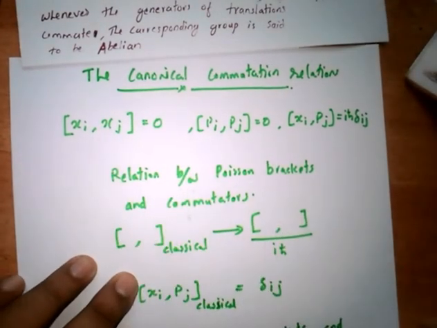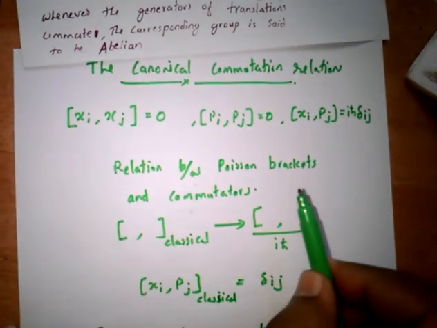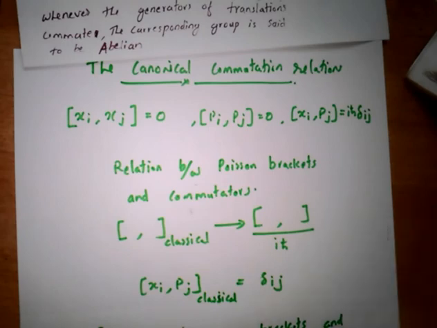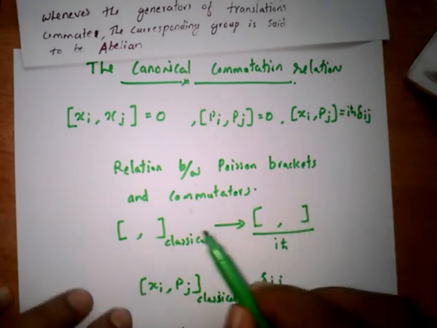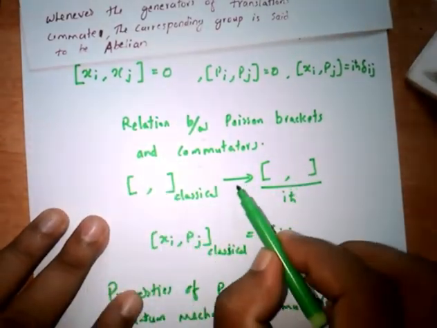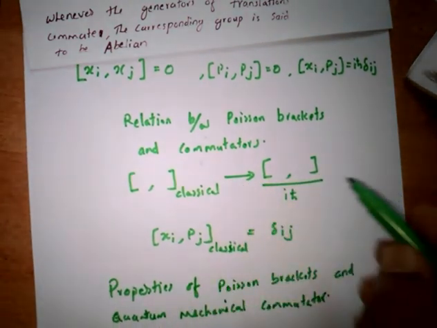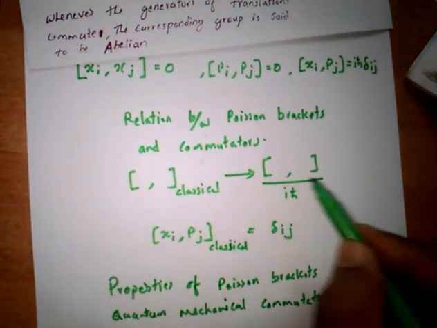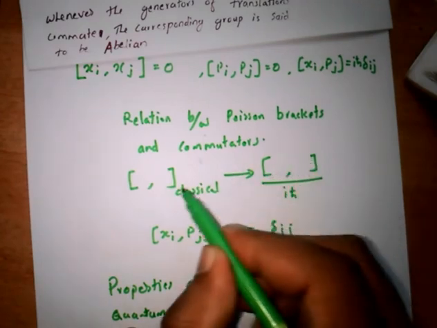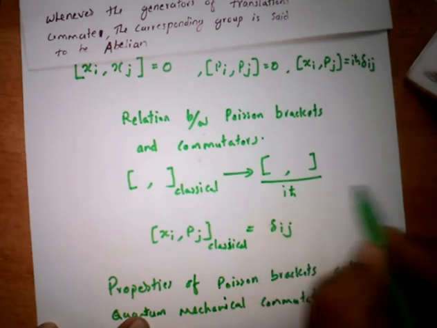There are relations between Poisson brackets and commutators. Poisson brackets we have learned in classical mechanics, and there is a relation between Poisson brackets and quantum mechanical commutators. We cannot say equal, but in quantum mechanics we can represent the Poisson bracket as the commutator divided by i h cross.